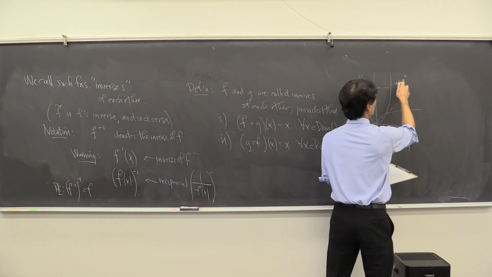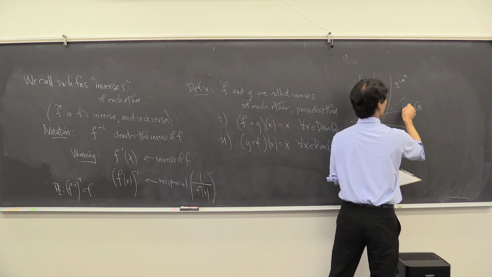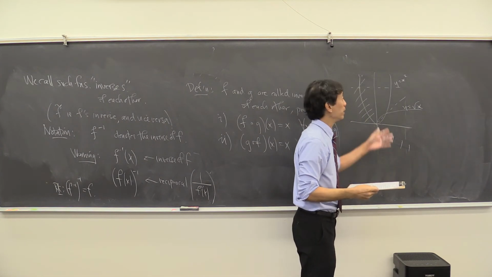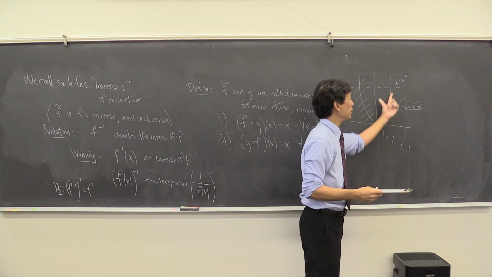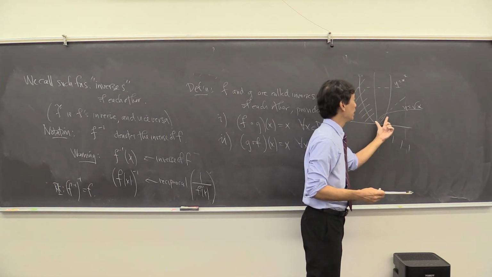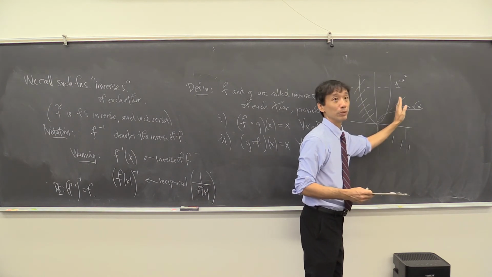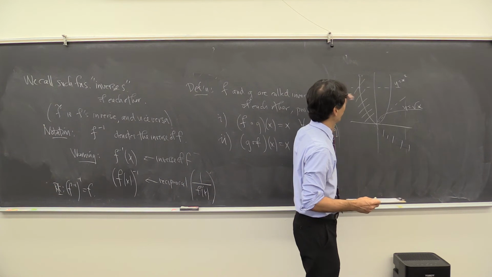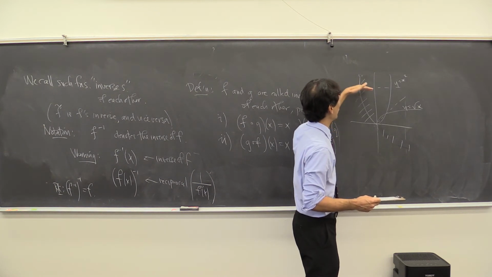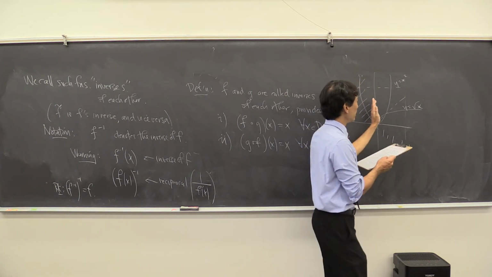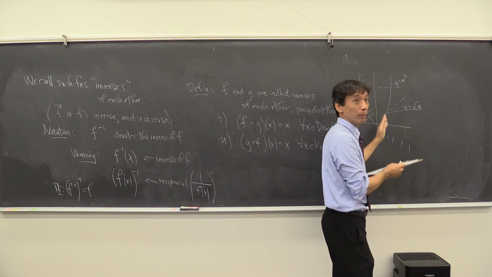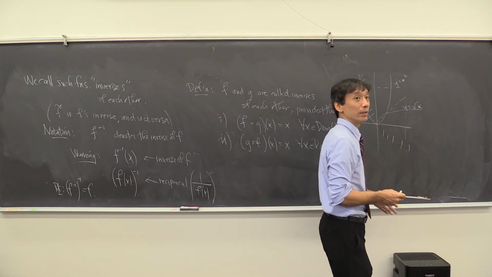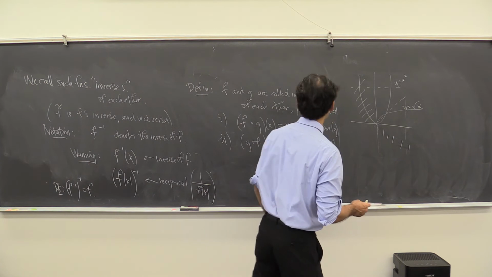That makes sense because this is x squared and this is the square root of x. So yeah, this does have an inverse, the square root function, as long as we're dealing only with positive numbers. So even if you fail the horizontal line test, it may be that some restriction of it still passes the horizontal line test. Okay, so it's just a side comment.